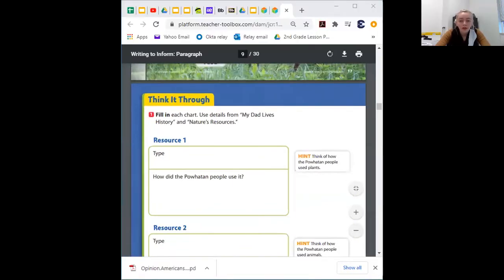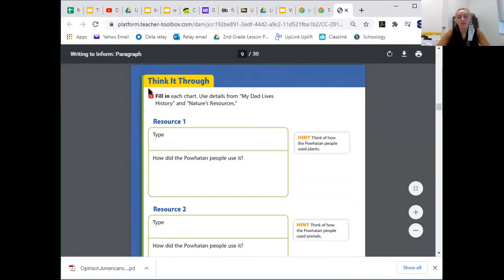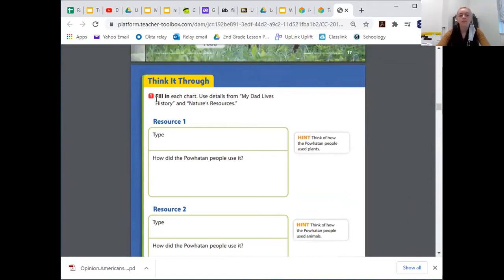So now that we have an idea of what we're going to do today, let's turn in our books to page 18, and let me show you what it will look like. I'll share my screen. Okay, your page 18 should look like this. It will say, think it through. Let's read our instructions. Fill in each chart.